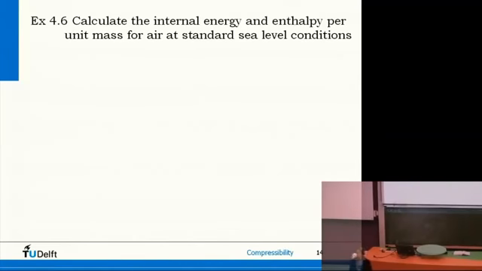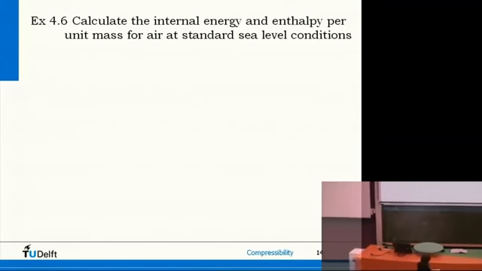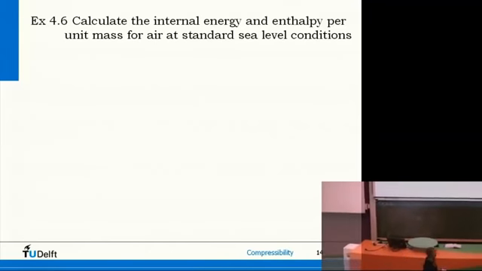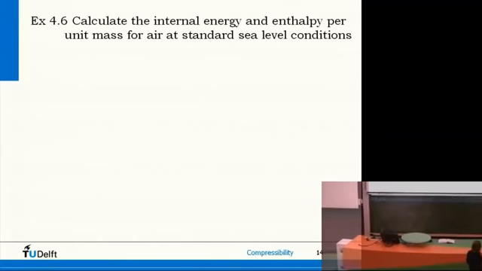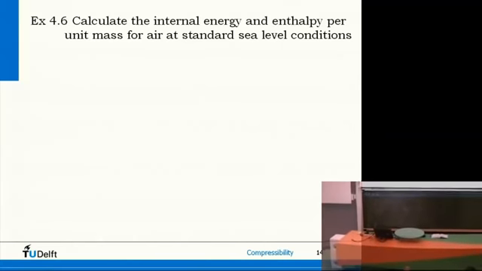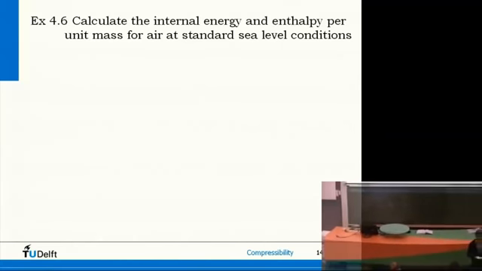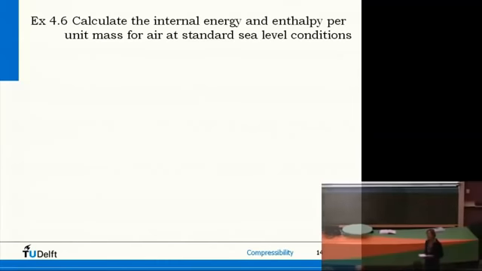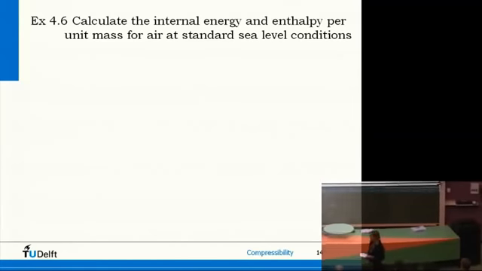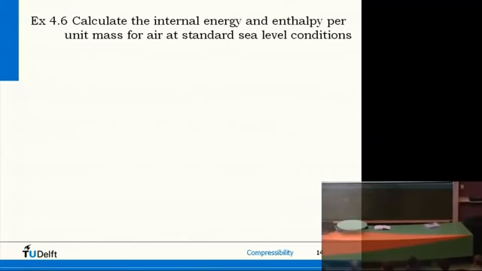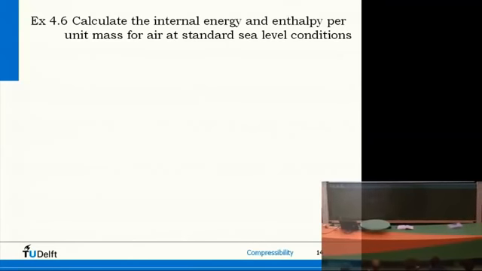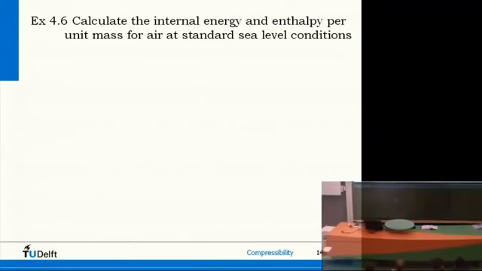Simple, but just to practice the basics. So please calculate the internal energy and enthalpy per unit mass at standard sea level conditions. What do you need to do? Where do you start? Find the internal energy and the work.